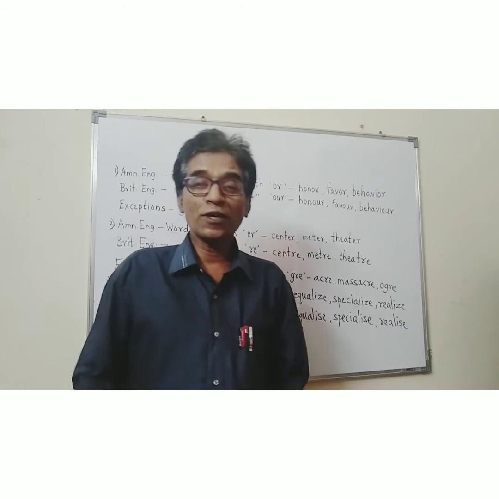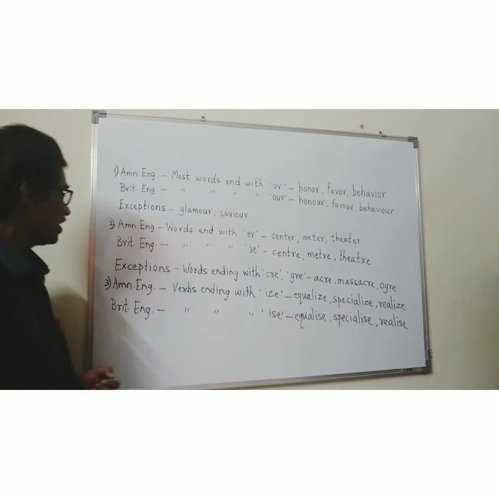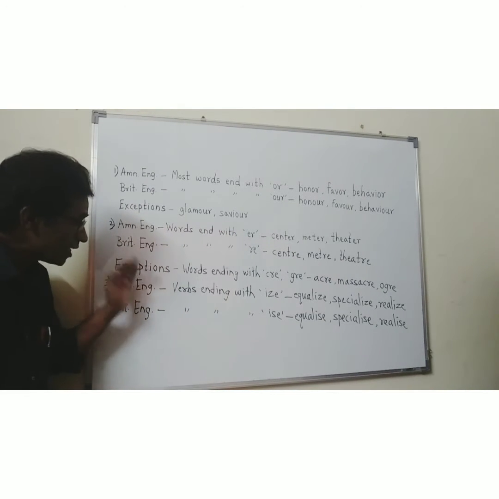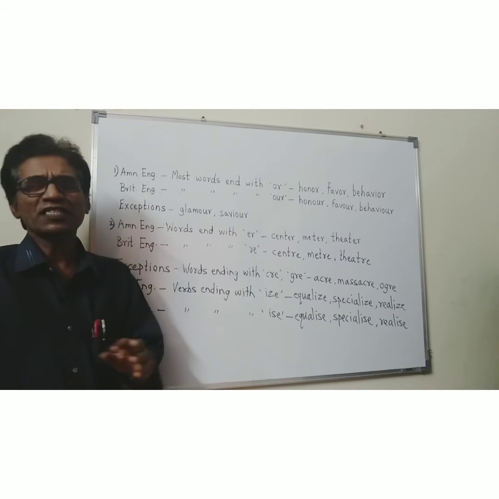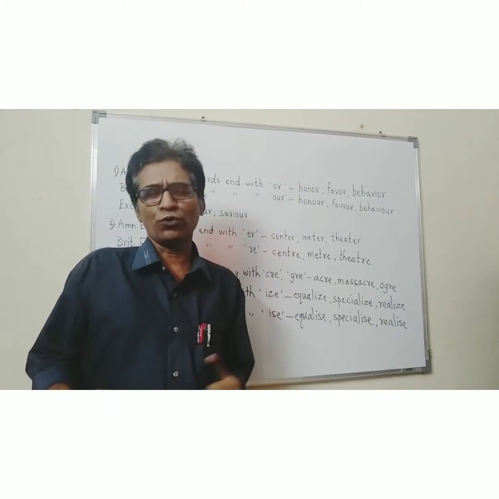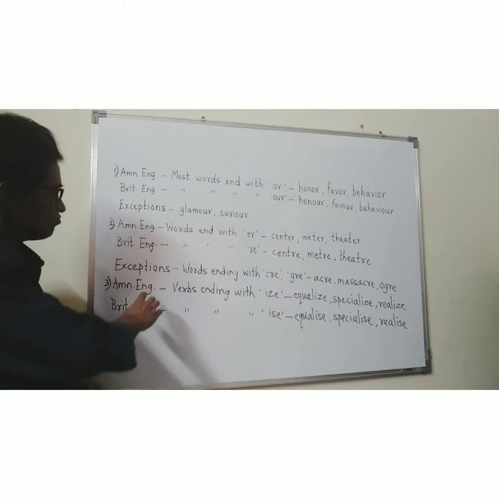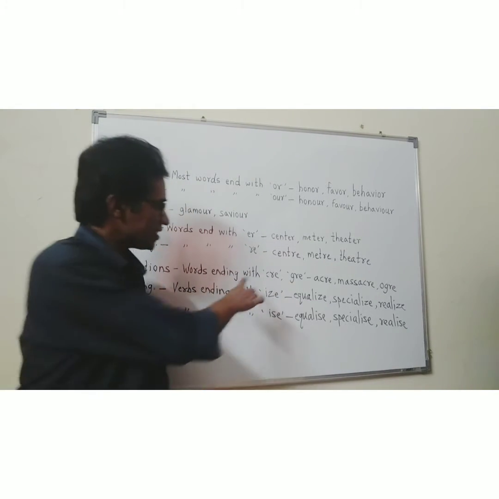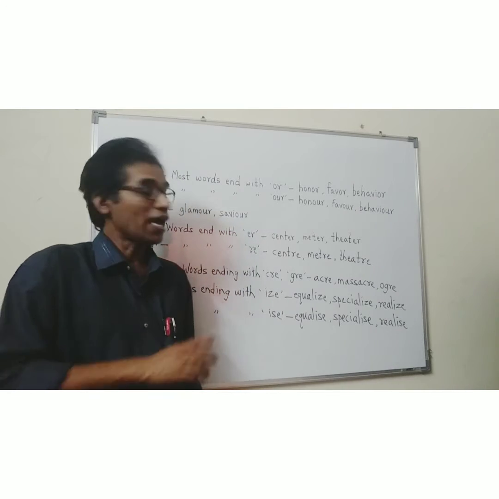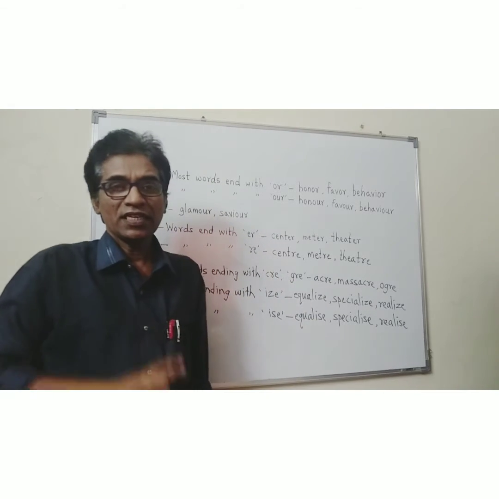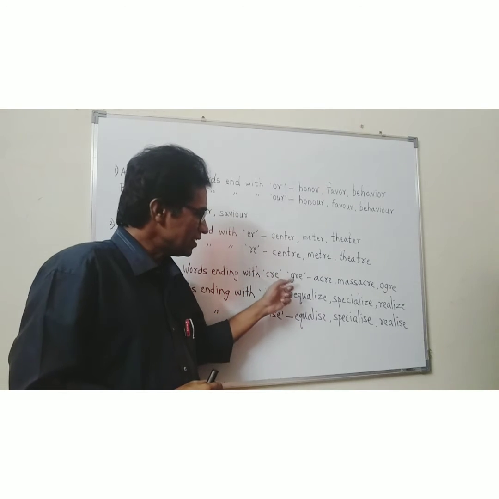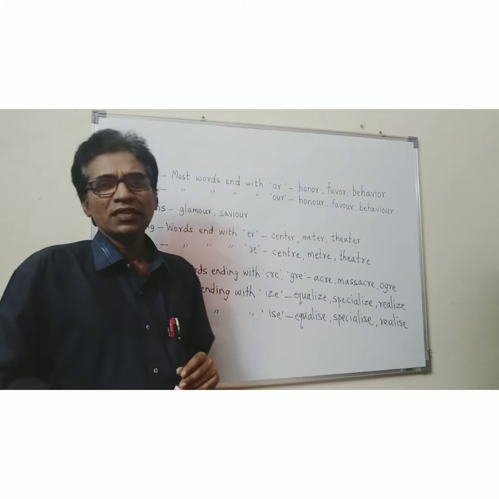So that was the second rule, and now we will learn the exceptions. Exceptions are the words which don't follow the rule. There are some words which end with CRE and GRE.